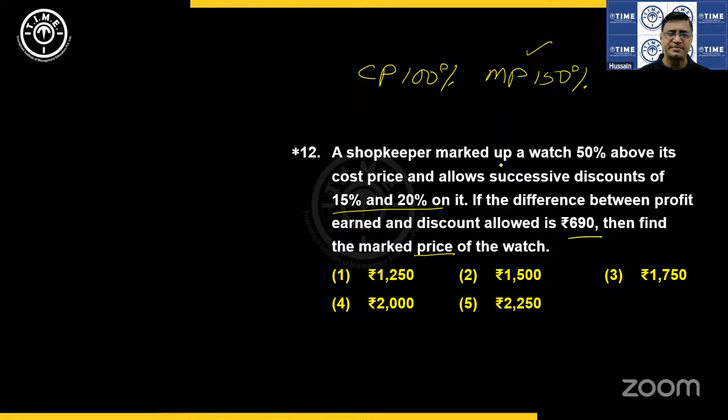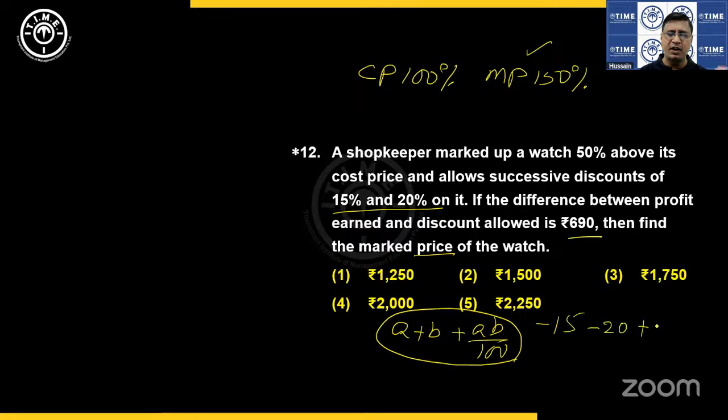My dear students, 2 successive discounts of 15% and 20%. What is the single discount equivalent to this? Just apply this format: A plus B plus AB by 100, means minus 15 minus 20 plus 300 by 100. 300 means 15 into 20. Zeros we can cancel. Now it is 32%.